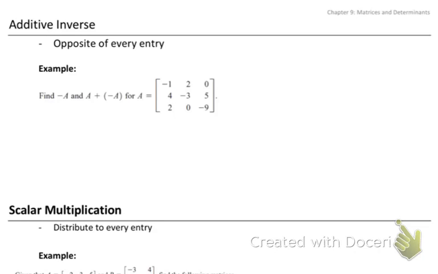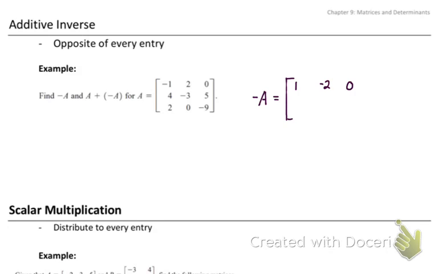So if A equals this matrix with negative 1, 2, 0, 4, negative 3, 5, 2, 0, negative 9, my additive inverse, which the symbol for is just negative A, would equal the opposite of every entry. So if it's negative 1, I'm just going to put a positive 1. If I have a positive 2, my additive inverse is going to be a negative 2.